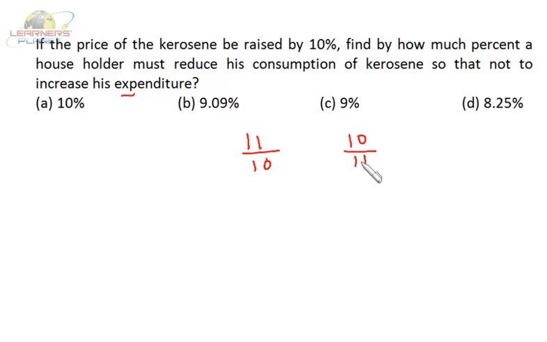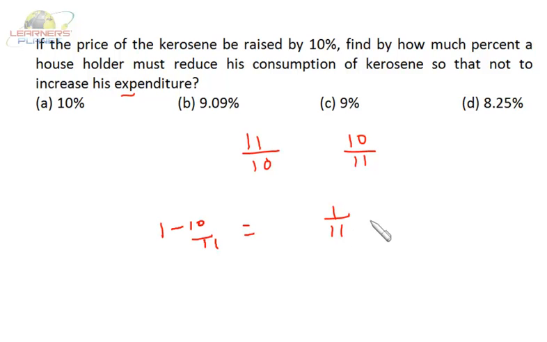If the price is 4 times, then the consumption should be 1 by 4 and so on. Okay. Similarly, in this case, if the price is 11 by 10, the consumption should be 10 by 11. That means we have to reduce the consumption by 1 by 11, isn't it? That is 1 minus 10 by 11. Okay. So we have to reduce the consumption by 1 by 11. And 1 by 11 is what percent?